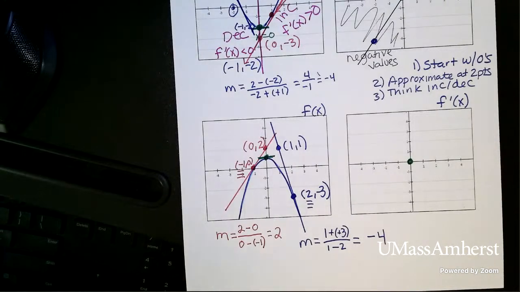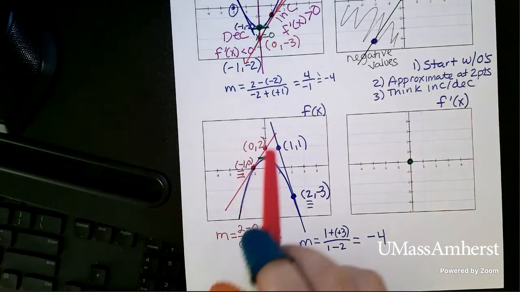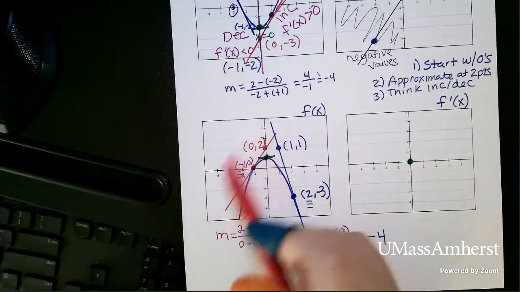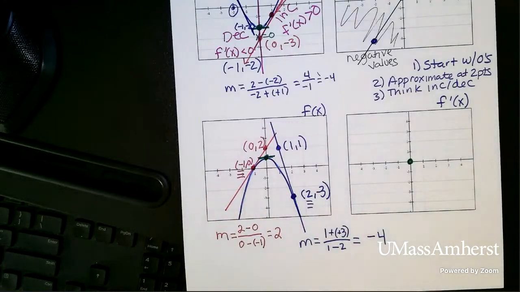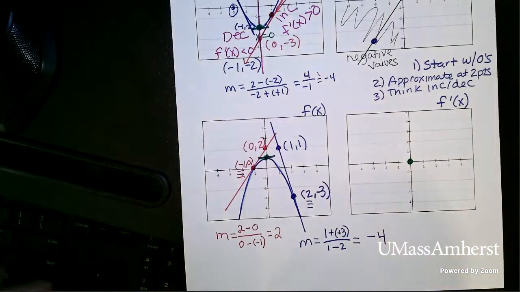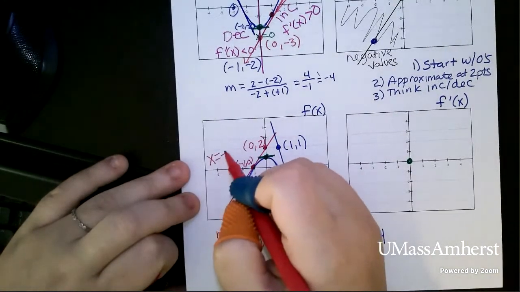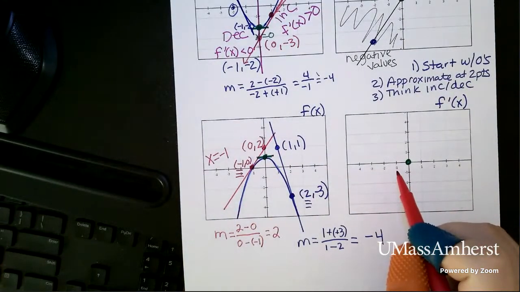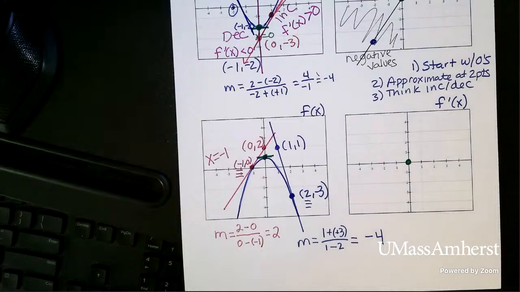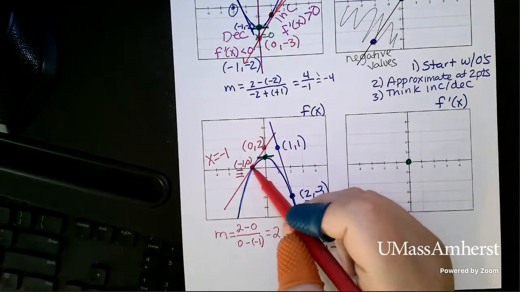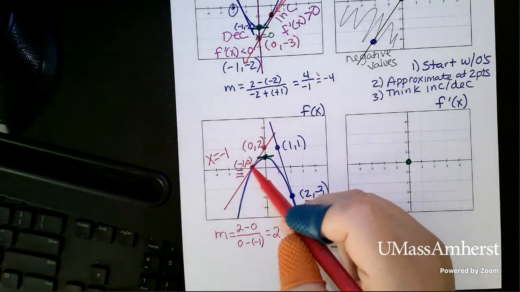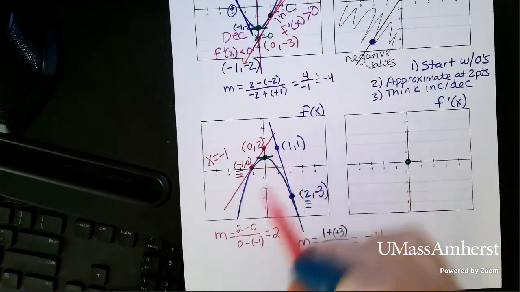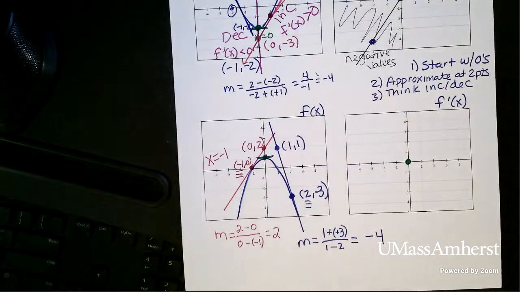So I decided to pick the point x equals -1 to approximate a point. Again, you could pick -2, really any point to the left of 0. And so I want to know for x equals -1 what the slope of the tangent line is, because then I'm going to go to -1 and plot that value. So when I drew in my tangent line, I have the point -1, 0. That's where I touch. And it looked like it also went through 0, 2.